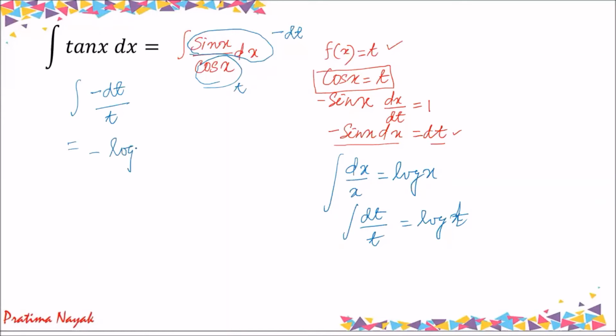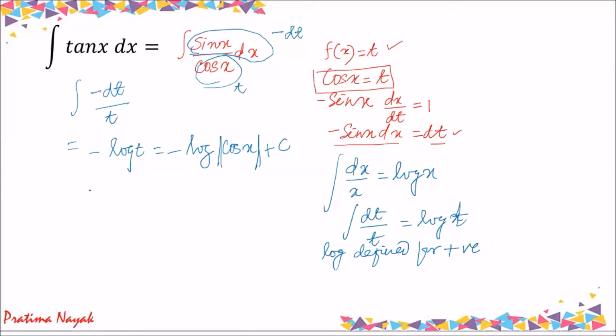So minus log t means minus log cos x. And before writing the answer, you should be careful about the modulus function, because log is defined only for positive values. So whenever you are taking a log function, put a modulus sign. That means it is positive. So this is minus log |cos x| plus c.